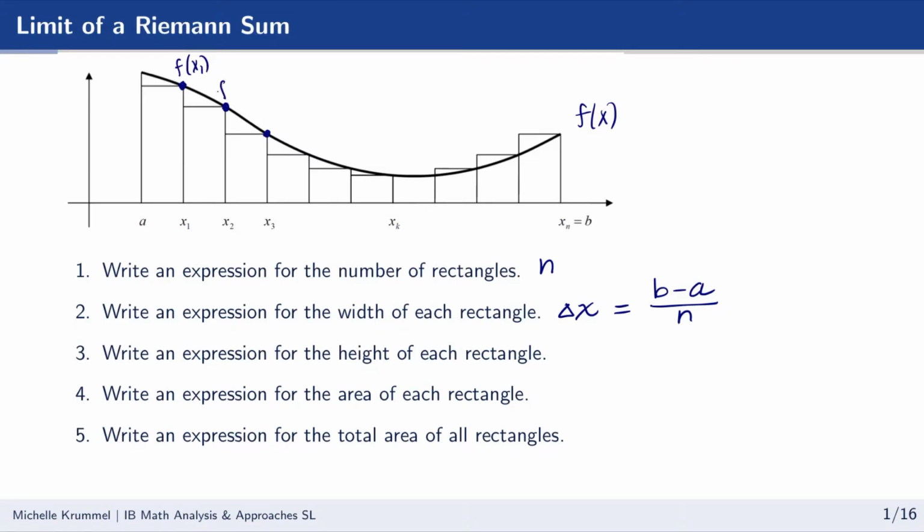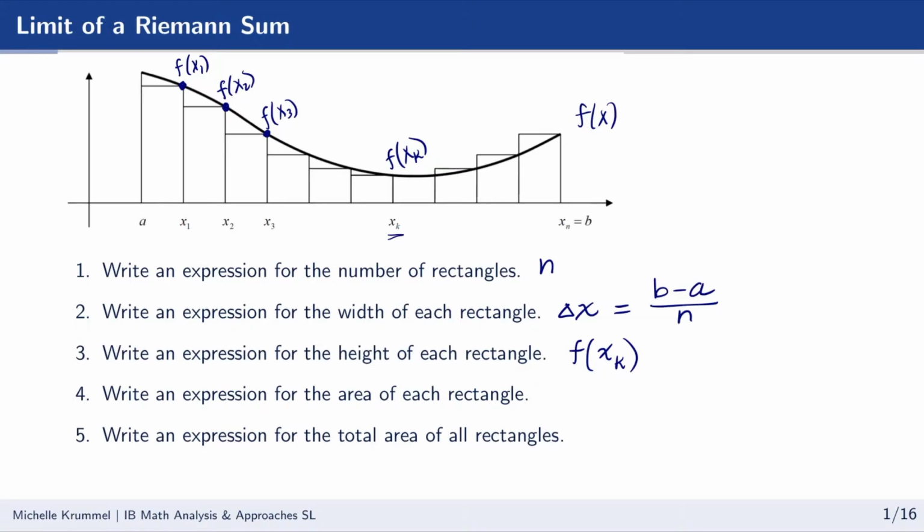For the second rectangle, it's f of x sub 2. For the next, it's f of x sub 3, and so on. In general, the best we can say is f of x sub k, where k represents our general case. F of x sub k is going to give us the height of the kth rectangle.